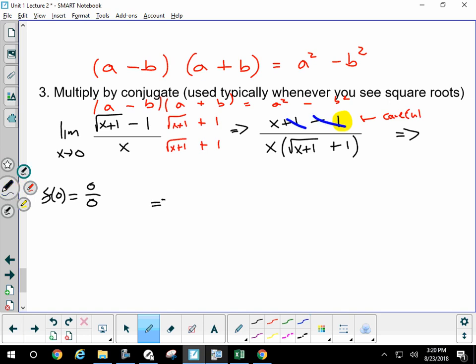We have x over x times root x plus 1 plus 1. We can cancel these x's. And now that this x is canceled, I can plug in 0 and get something other than 0 over 0. So I will finish off by finding the limit as x approaches 0 of this.